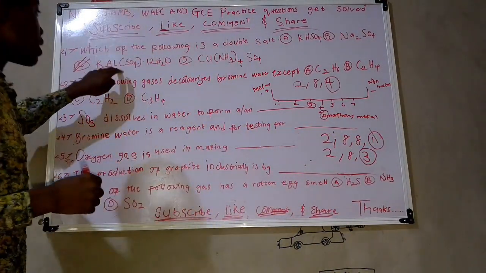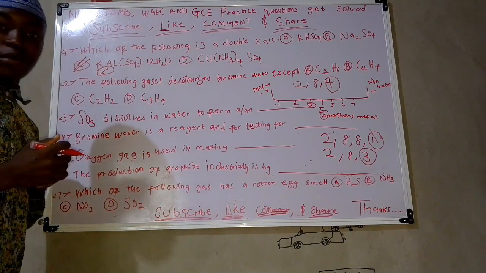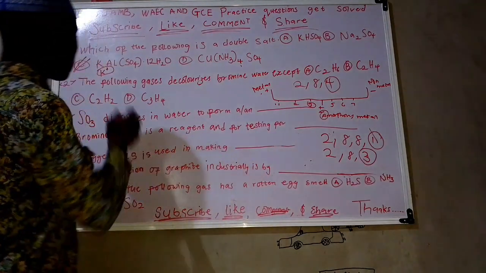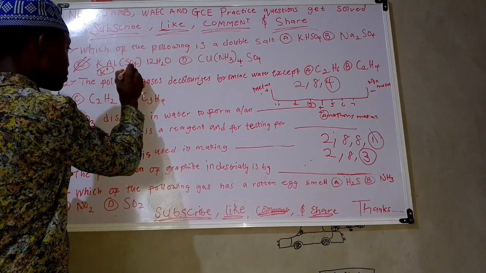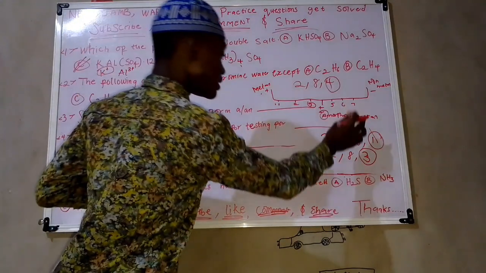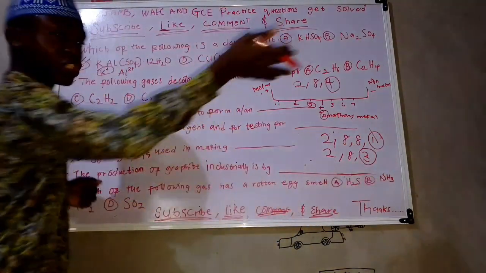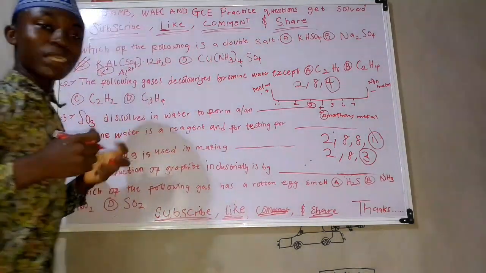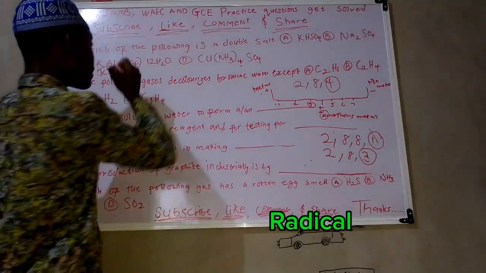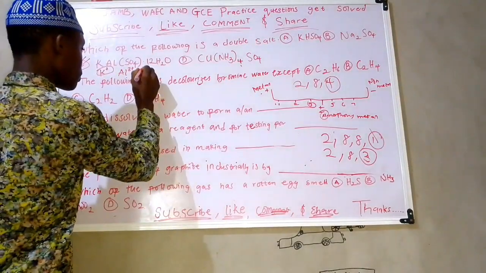That's why I know this particular element is a metal. Now when this aluminum also dissociates, it's going to give me aluminum 3 plus because it has 3 electrons in the valence shell. Now for SO4, SO4 is a radical with a negative sign.